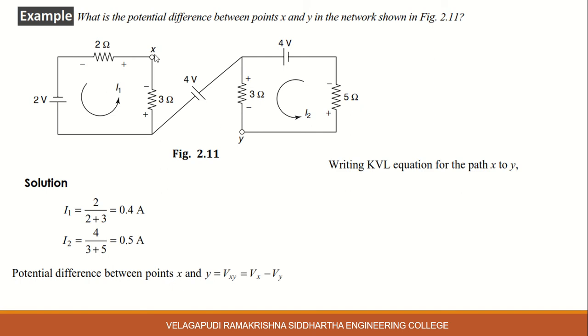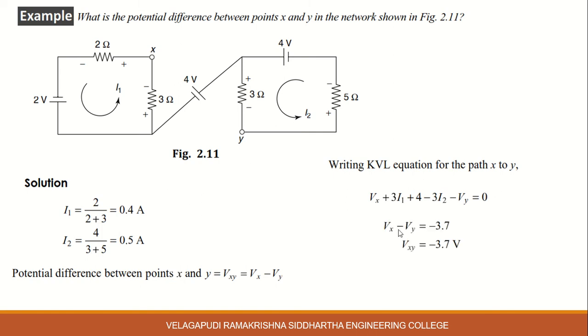By KVL from node X to node Y, that means along this path: the voltage at node X is Vx, minus 2 for the battery, plus 3I1 rise in voltage, plus 3I1 again, then for the other battery minus 2, plus 4 volts, plus 2, minus 3I2 fall in voltage, minus Vy, equal to 0.